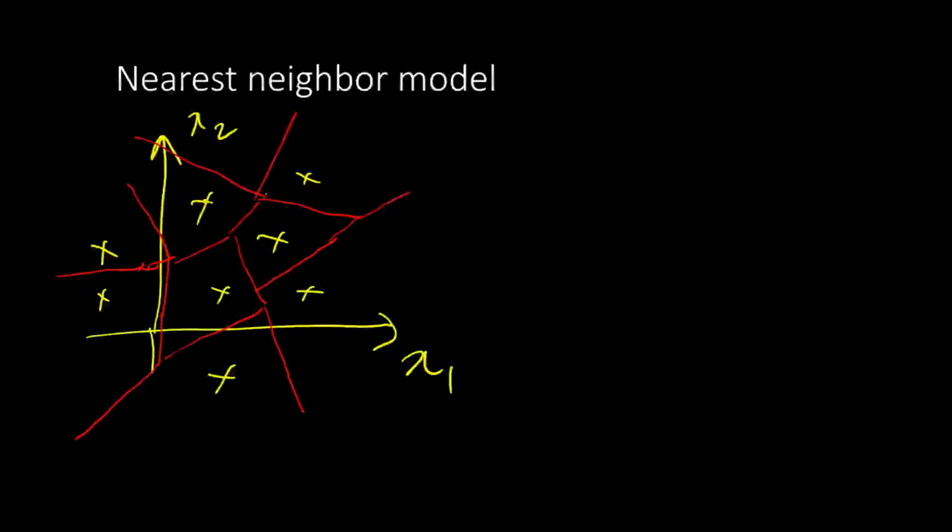Okay, so this is the Voronoi tessellation, and basically for each training point we have its zone of influence. Within that zone of influence, that point is the closest training point. That's the nearest neighbor.